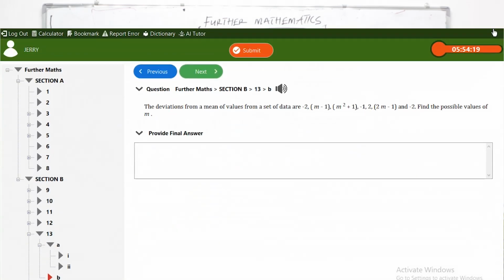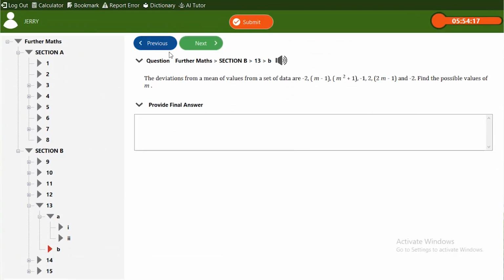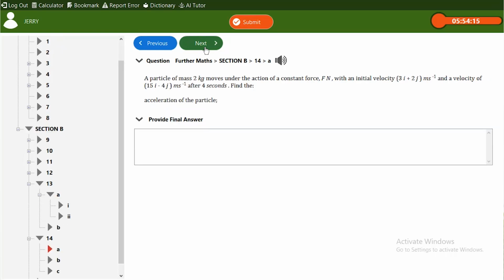Going down to question number 14, we have this. A particle of mass 2 kg moves under the action of a constant force with an initial velocity 3i plus 2j meter per second and a velocity of 15i minus 4j meter per second after 4 seconds.